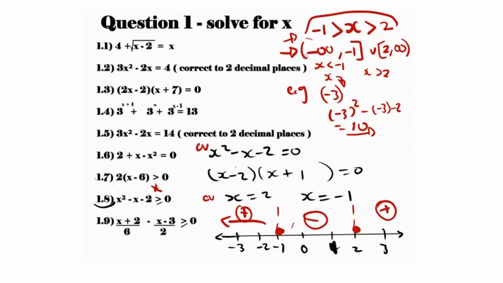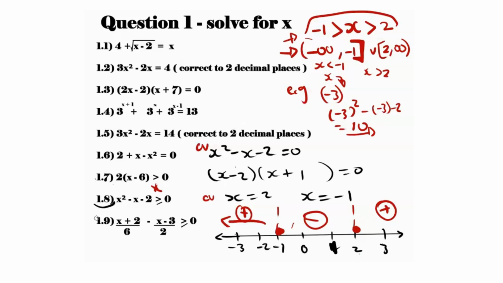If you prefer this one using the negative infinity and stuff, make sure that whenever it's a positive, you use a square bracket here. Here we cannot use a square bracket at infinity because we don't know the particular number. Remember that, because if you use a square bracket here, you might get a wrong answer. So just keep that in mind.